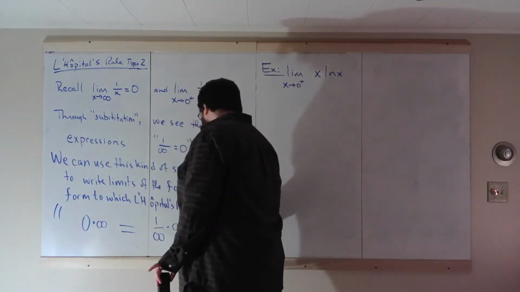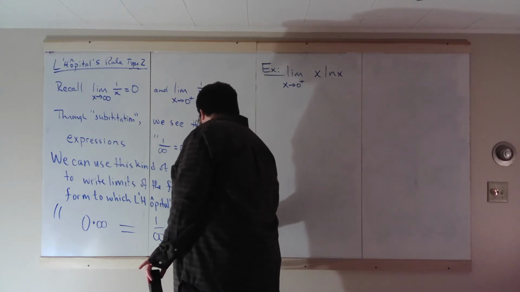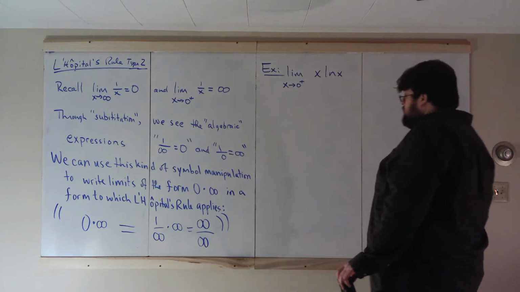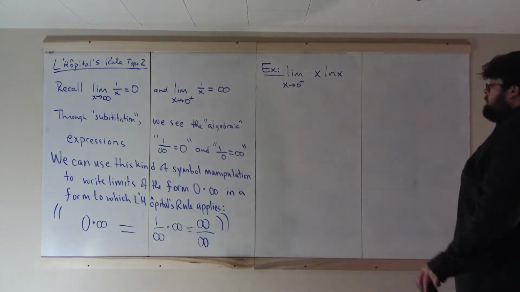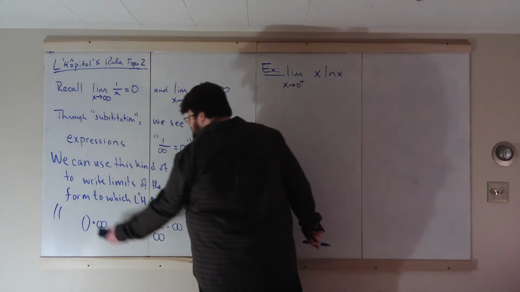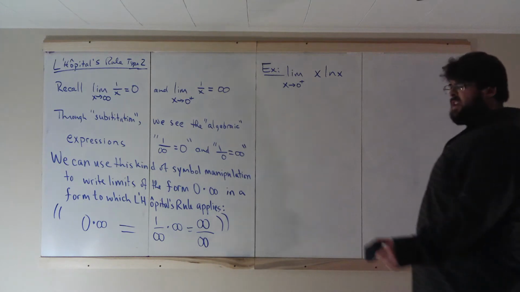And, well, if we just write these symbols as a fraction, we would get an infinity over infinity, in big quotes, and we can apply L'Hopital's rule to this form just by flipping this 0 around. What does that look like in an actual example?